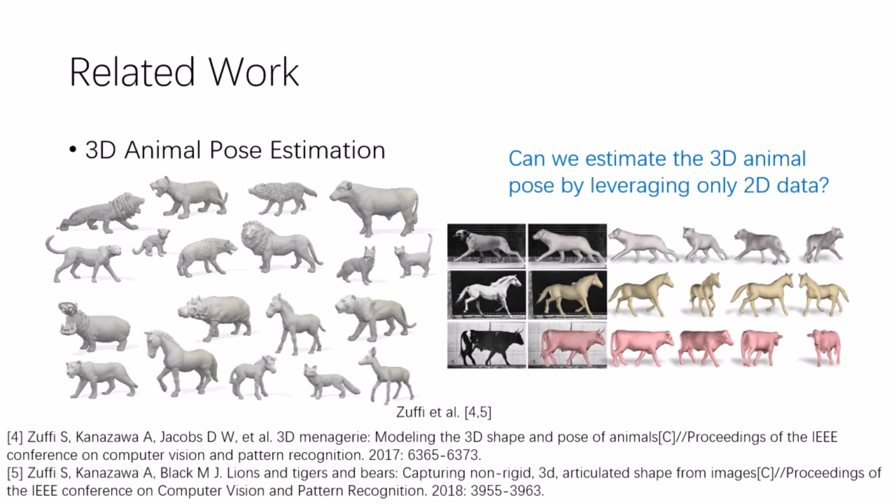SMAIL is a statistical model based on 3D scanning of toy animals. The model requires 3D animal shapes to constrain the optimization process, which undoubtedly limits model generalization. This begs the question: can we estimate the 3D animal pose by leveraging only 2D data?